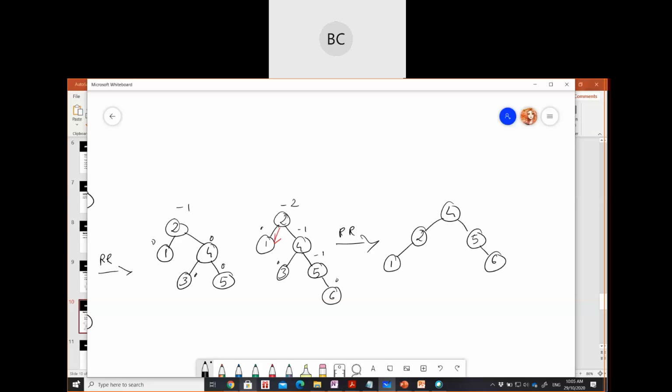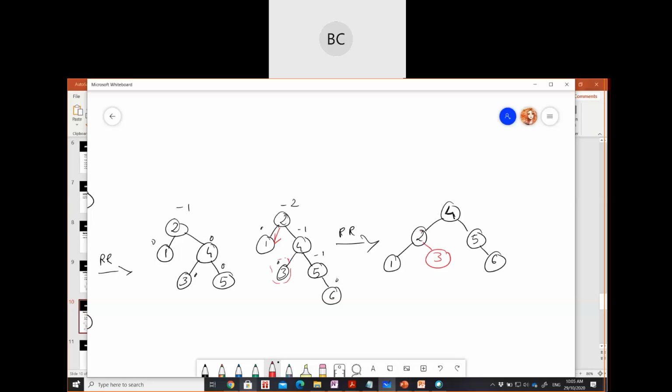Now we have a 3 here, correct? 3 was the left child. In this case, this 3 will become the right side of node 2. In this case it's going to be a difference: the left child of 4 will become the right child of 3.